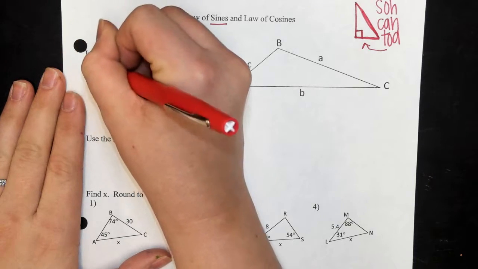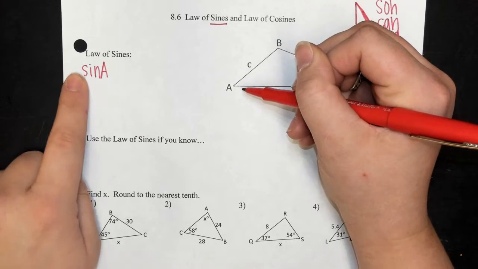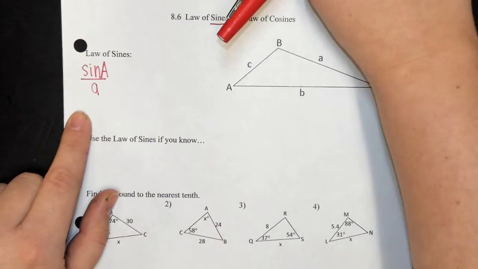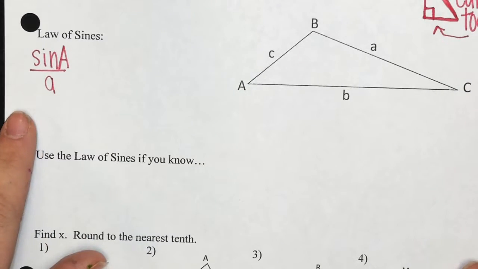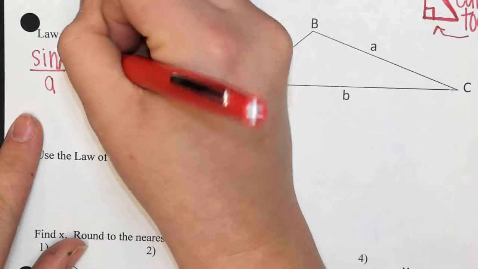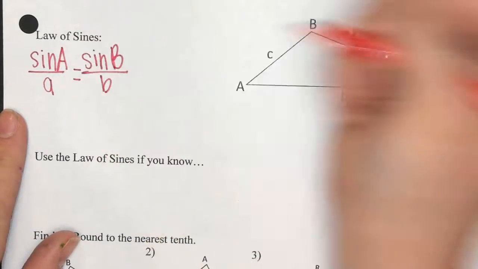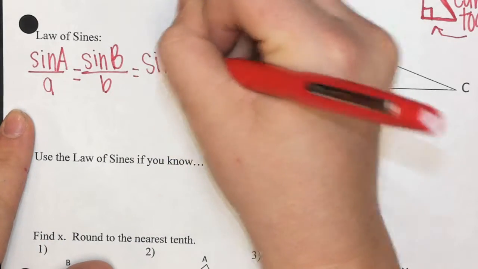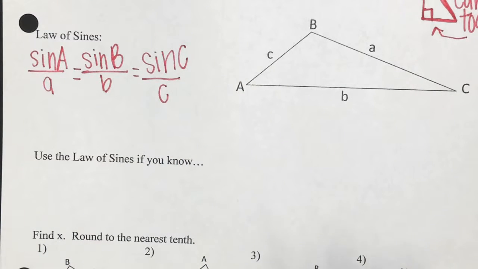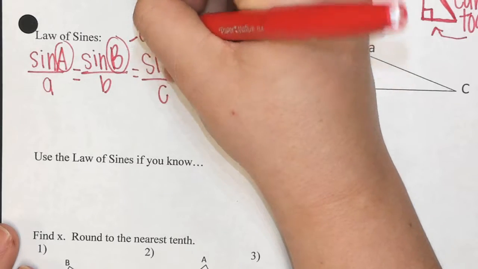Sine of A, which is the angle. So that means you're taking sine of the angle and you're putting it over side A. Equals sine of angle B over side B equals sine of angle C over side C. Okay, so all these capital letters right here, these are all angles.